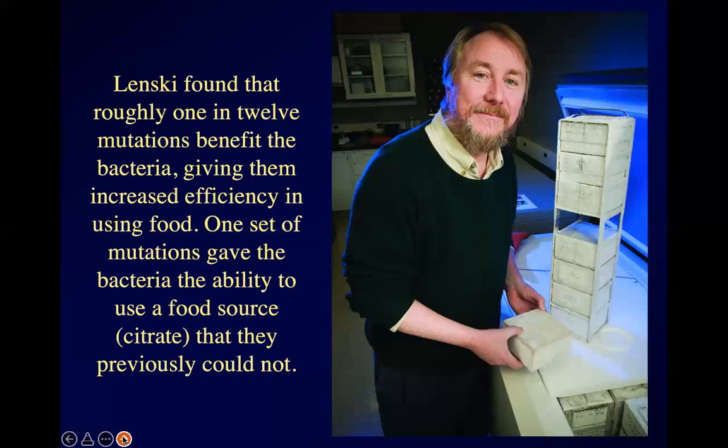In particular, he found one set of mutations that gave some of his bacteria the ability to use a food source that they previously were not able to make use of. He was growing his bacteria on a sugar called glucose, and some of his bacteria developed the ability to use a food called citrate, which previously they couldn't do.